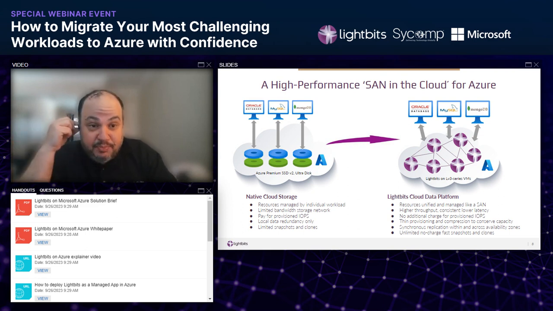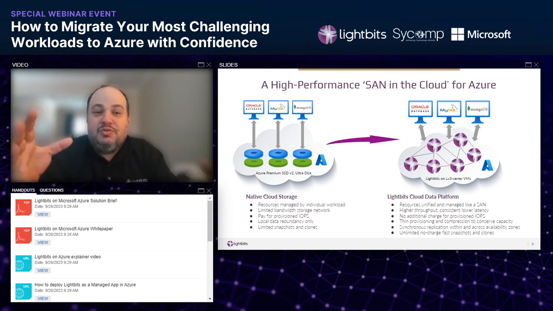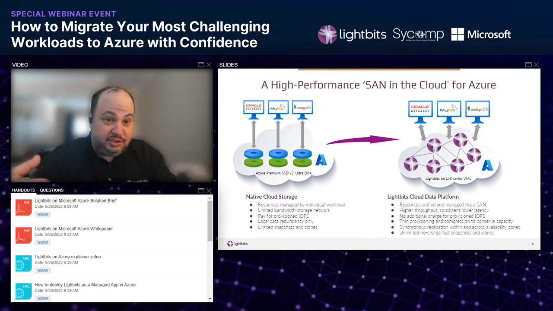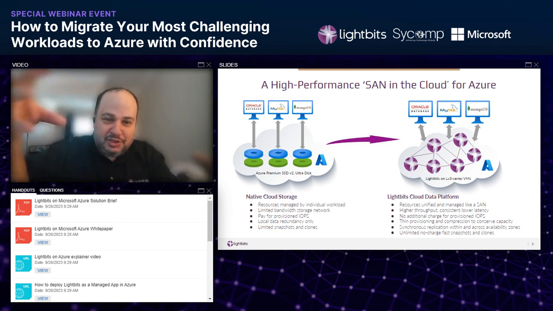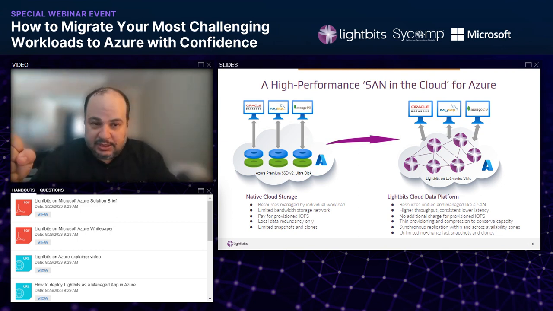Everything is thin provisioned, which means that you can provision more than the physical capacity of the Lightbits storage. But because Lightbits has auto-scaling capabilities, as you actually start consuming the storage that you provision, you actually start writing data, Lightbits will start scaling automatically, running more virtual machines to provide more capacity and more performance.